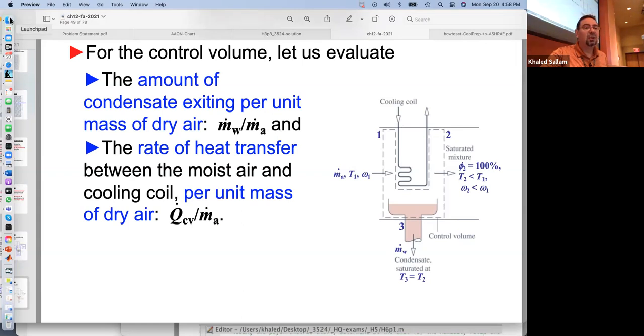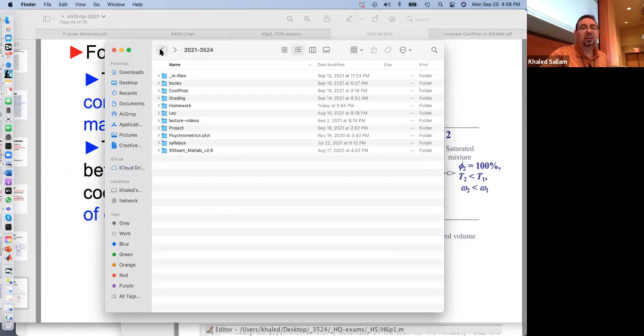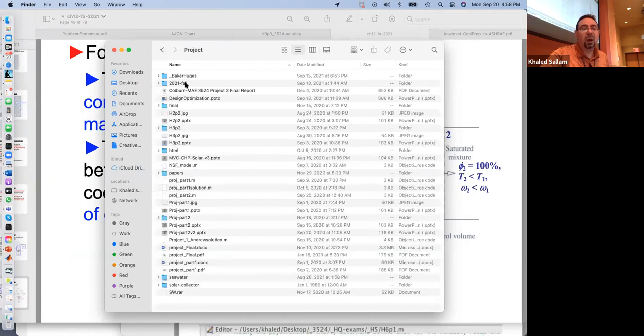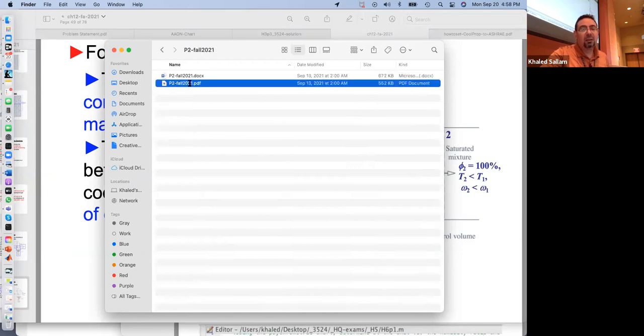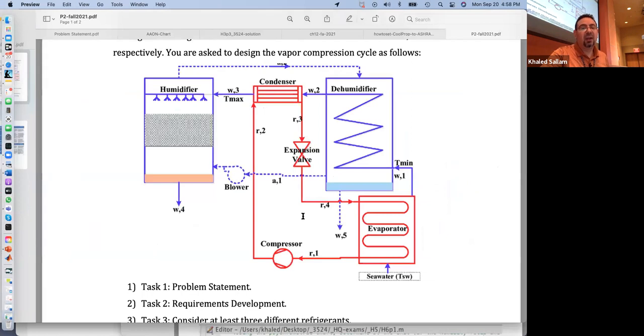Okay, so now let's jump quickly to our project 2 and figure out the similarity between this and this. So what is going on here? This is the refrigeration cycle, right? Where this is the evaporator and this is the condenser.